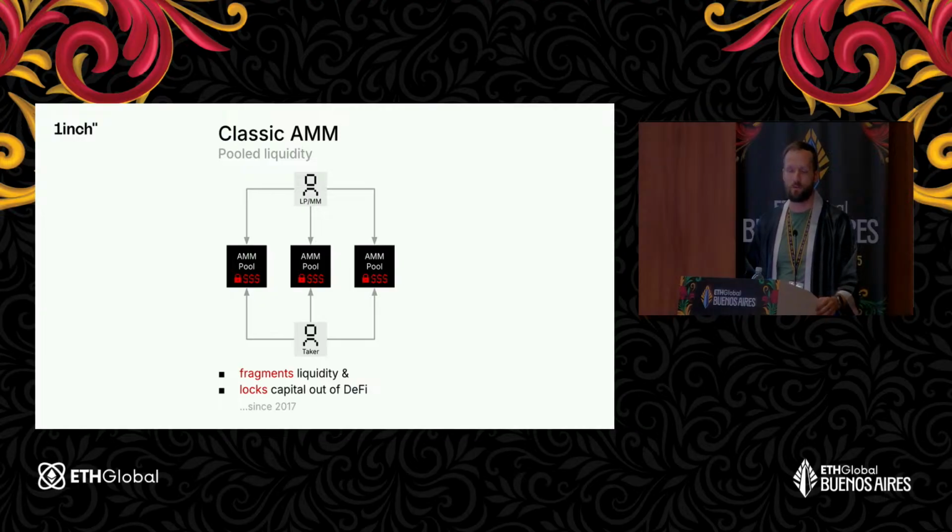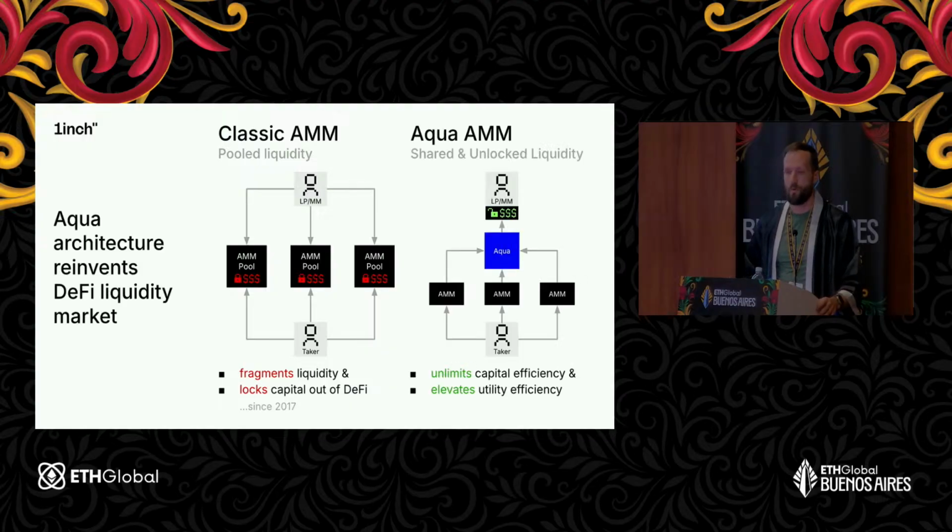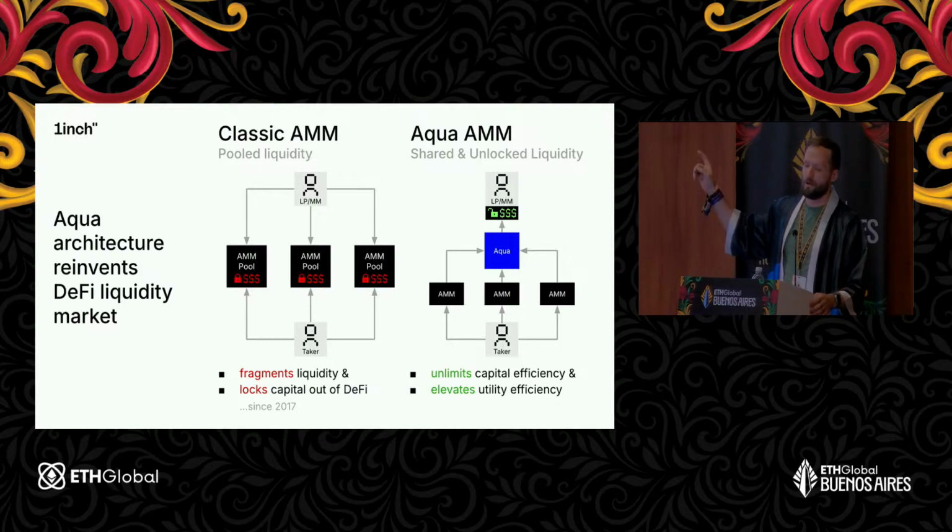And we tried to solve it. With our new architecture, 1inch Aqua, which is a shared liquidity layer protocol, we provide a new approach. All liquidity is parked in the liquidity provider's wallet. You see it has a lock which is opened, which is green. Green means good.